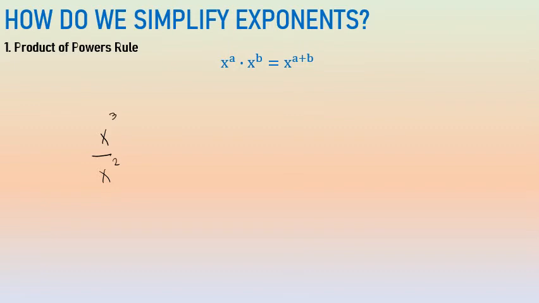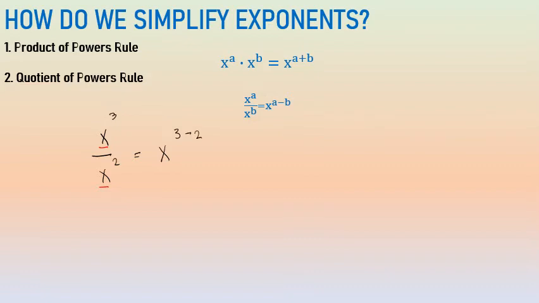This time, two same bases being divided with each other. Okay? Kapag ganito naman yung example, class, what you have to use is the quotient of powers rule. Or, kapag meron kayong two same bases being divided with each other, just copy the base, then this time proceed to the subtraction of exponents.